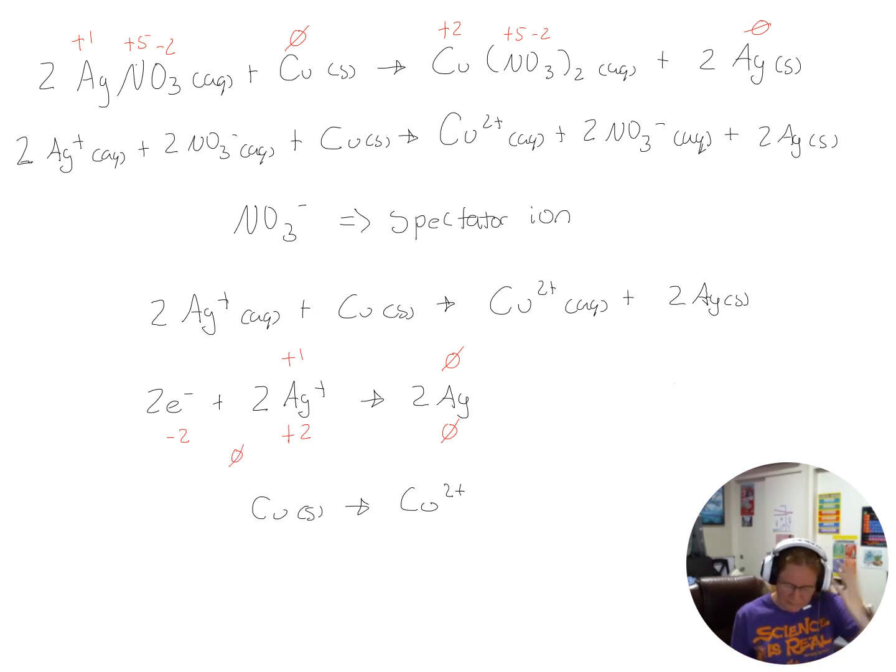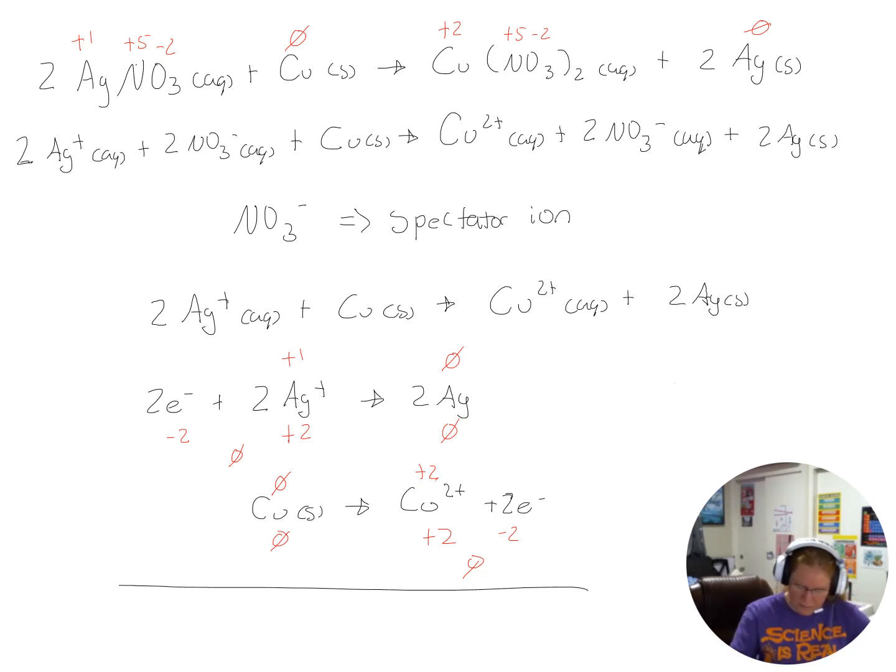0 equals 0. Copper, I have 0 here. I have +2 here. To get it to balance off, I have to put 2 negative charges here. So I'm going to get my 0, my +2, my -2, which will give me my 0, 0 equals 0. So we're good there.